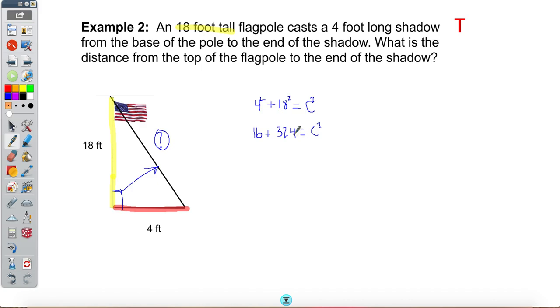So if I add these, that is 340. And then the last thing would be to take the square root of that.